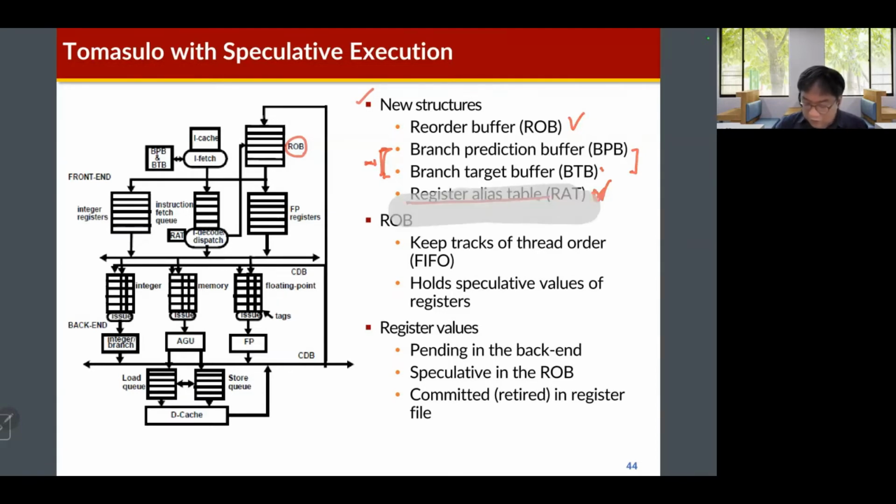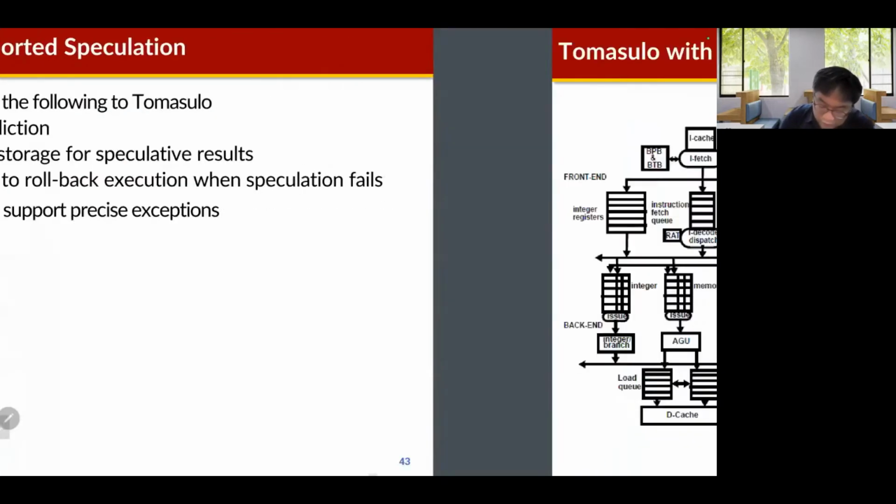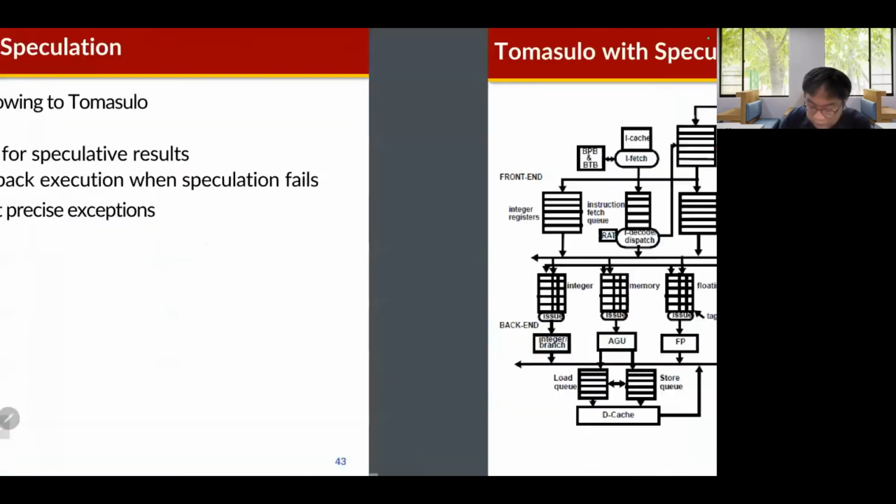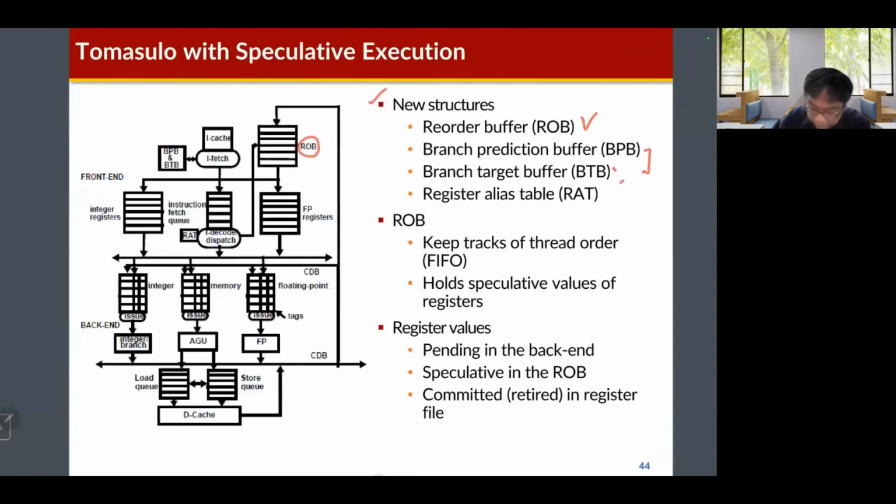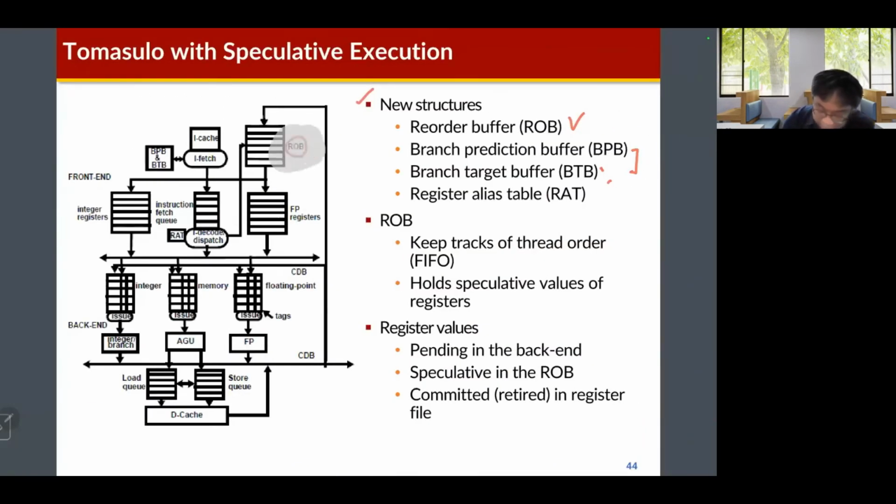So these are the main components of speculative execution. To support speculative execution, these new structures are included in the Tomasulo algorithm. So let's see what is different from the Tomasulo algorithm with speculative execution.